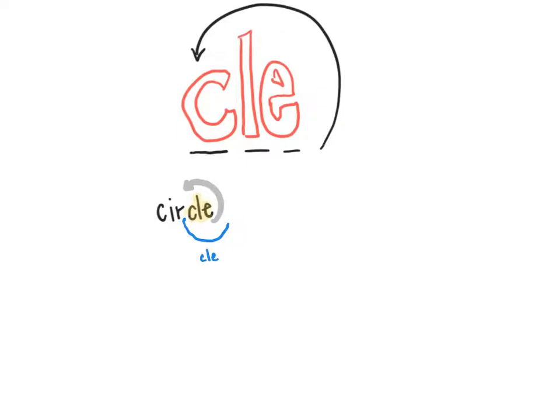Now I'm going to take a look. I know that I have another syllable here, and I'm going to scoop it, and it's sir. We learned in a previous video that whenever we see a vowel followed by an R, we have a bossy R, and we call this R-controlled.